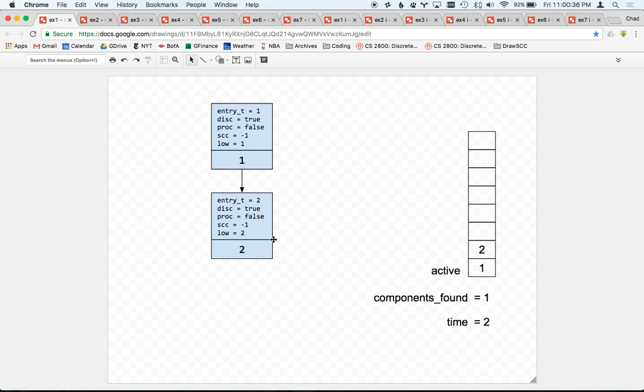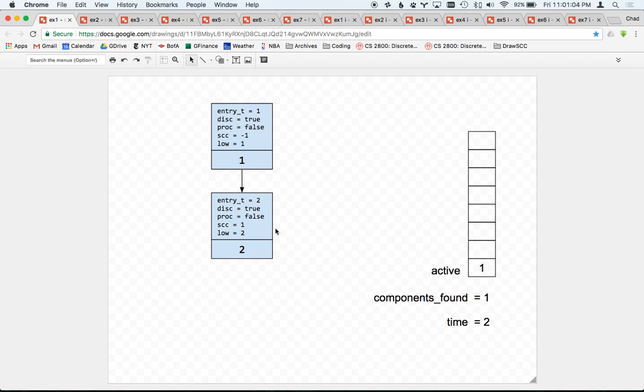And we will talk in more detail with other examples about why it works in other cases as well. But we found a strongly connected component. What we do is we pop 2 off the stack, and we assign SCC, the strongly connected component of vertex 2, to be 1, which means the number of the strongly connected component that 2 is a member of is 1.